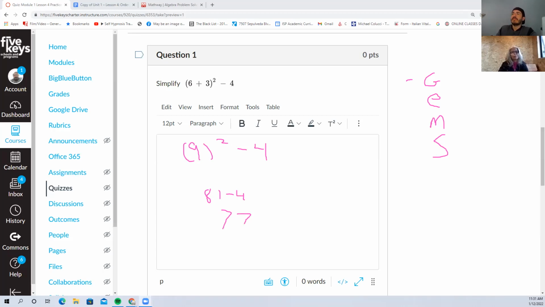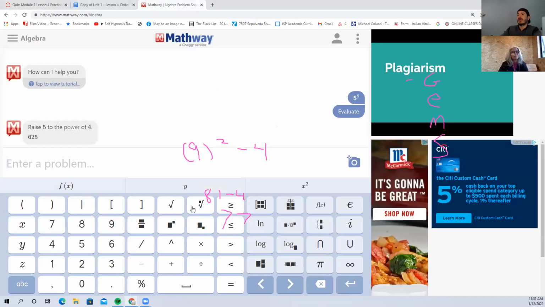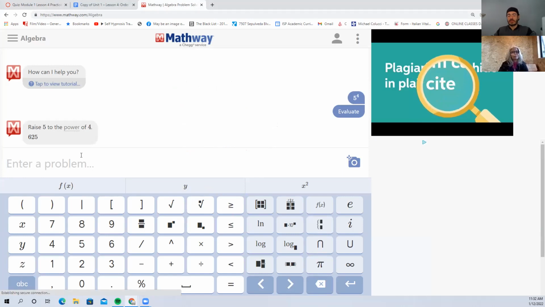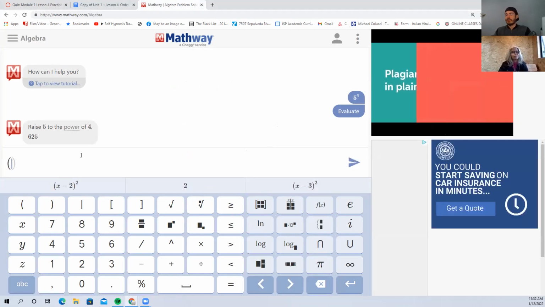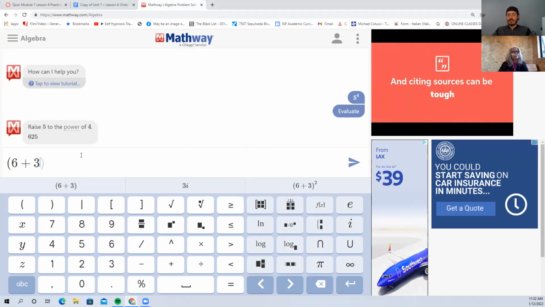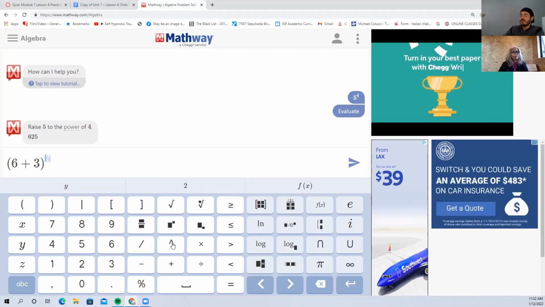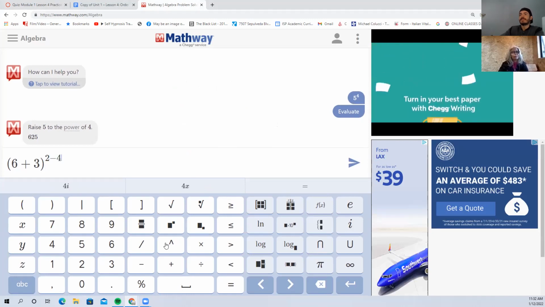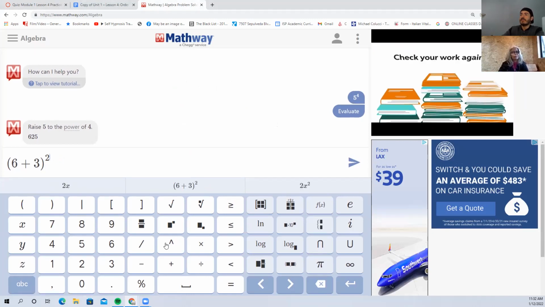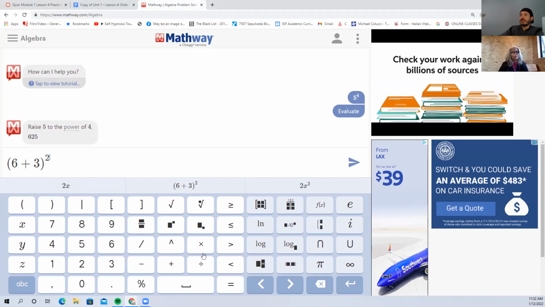Really quick, or maybe not so quick, I just want to show you that this is also an option for you to check your work. Okay, this is a good thing to note.